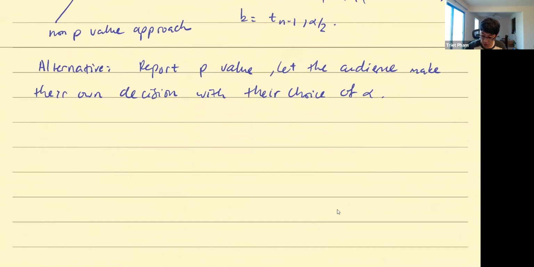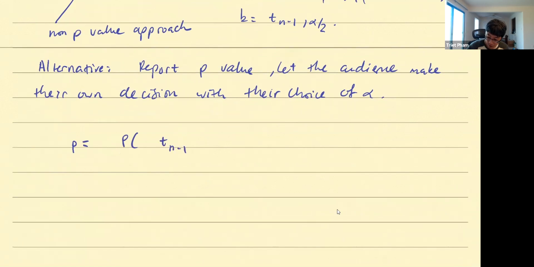So the p-value here is going to be the probability that the t random variable in absolute value is bigger than or equal to the absolute value of my t. Are you okay with this?